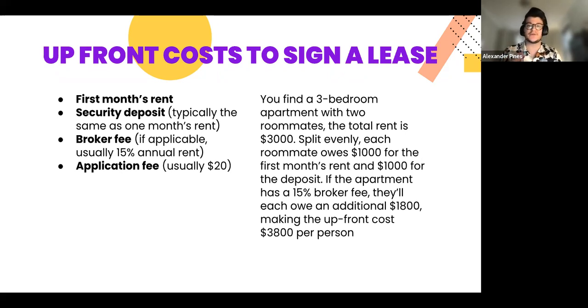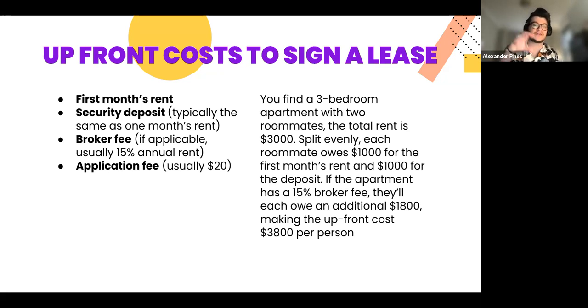To give you an example of what that could look like, say you find a 3-bedroom apartment. There are 3 of you who are going to live there. The total rent on that apartment unit is $3,000. Assuming you're splitting everything evenly, each roommate will owe $1,000 for your first month's rent, $1,000 for your security deposit, and then if there's that broker fee, which again is 15% of the annual rent, you will each owe an additional $1,800.